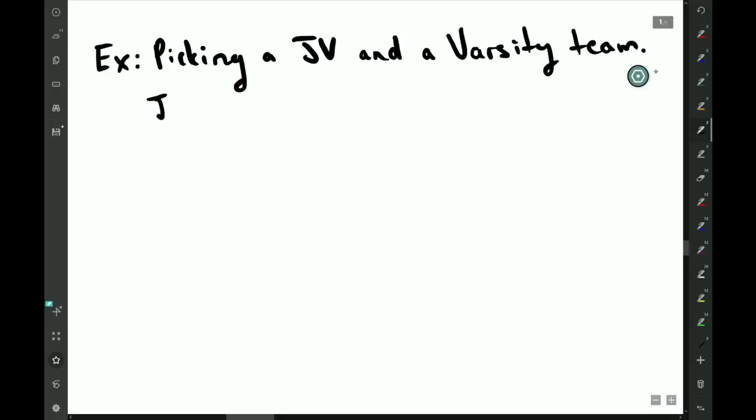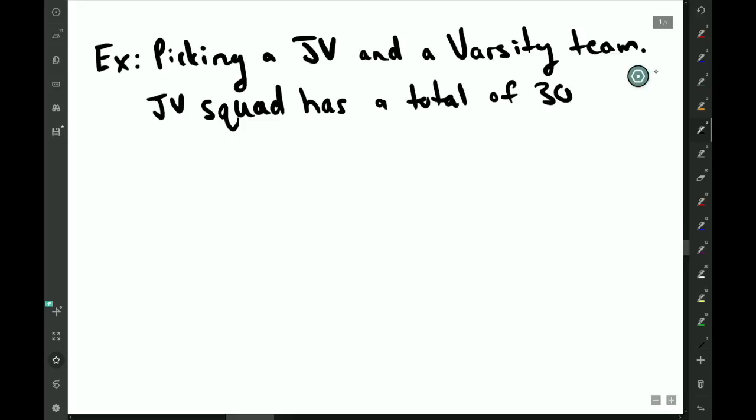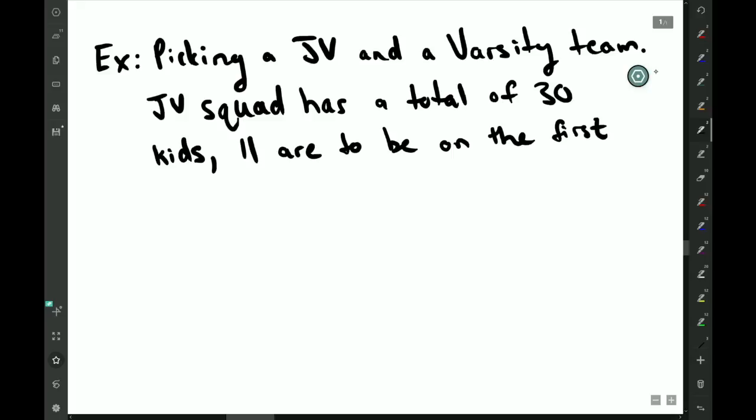Our JV squad has a total of 30 kids. 11 are to be on the first line.